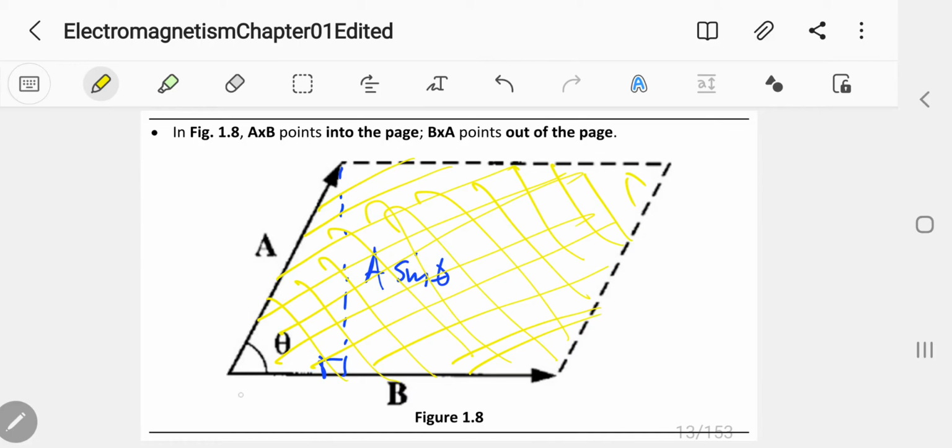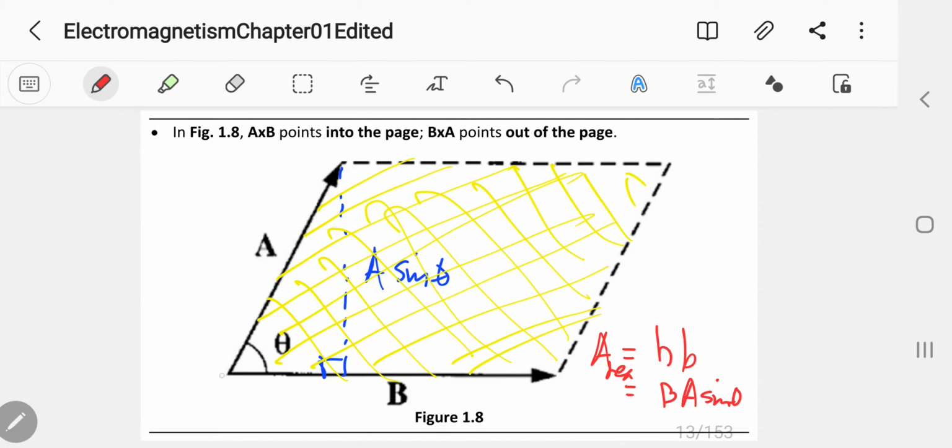So the area of the trapezoid is equal to height times the base, which is equal to the base is B times the height is A sine theta. That's the area. So what is BA sine theta?